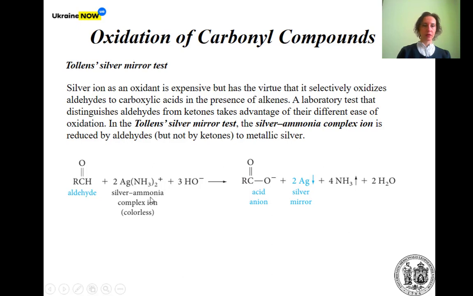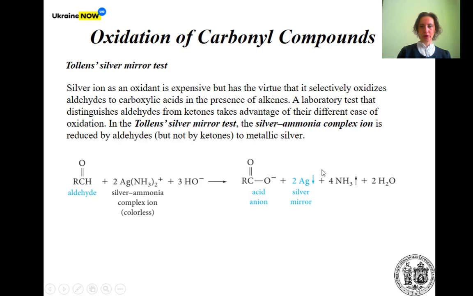So in this reaction, the aldehyde group is oxidized to the carboxylic group. Silver that has oxidative state +1 is reduced to metallic silver, and ammonia is evolved, which can immediately react with carboxylic acid and water.